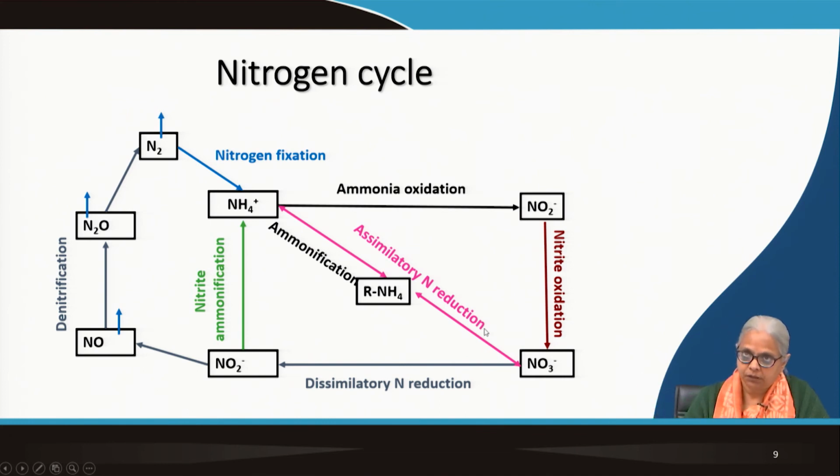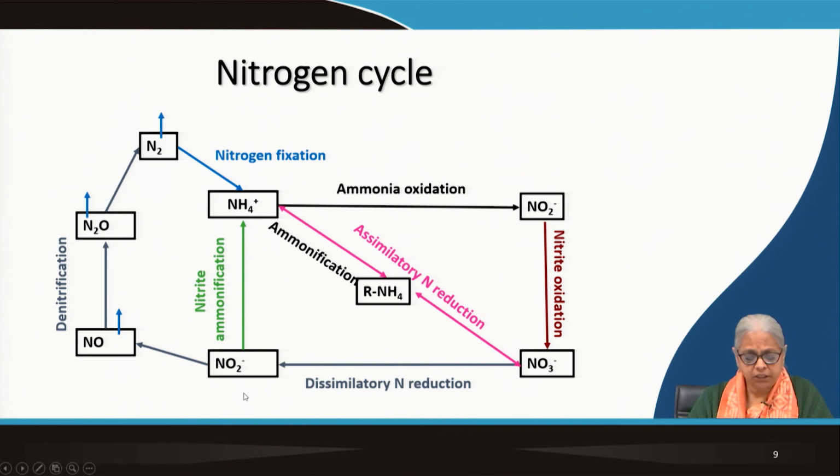So the oxidation state of nitrogen comes down when it becomes part of the organic material, and that's also called ammonification, because basically nitrogen in organic form is amines. That is the main form. So here we have our NH4. Now there is dissimilatory nitrogen reduction, which is what we're going to look at.